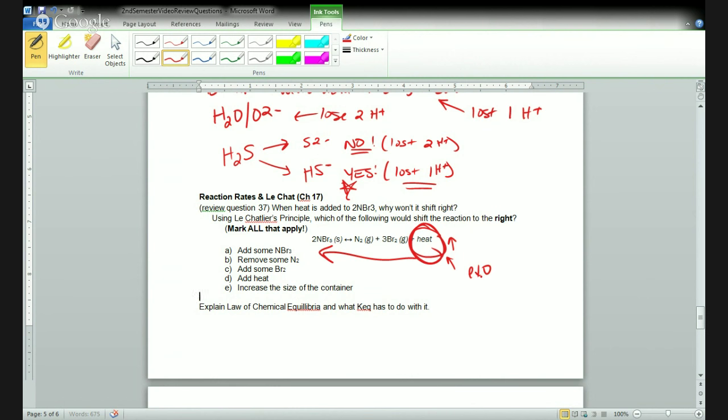So heat will only make a reaction go to the right if it's endothermic. You want to think of heat just like concentration. Because heat is a product, by heating up my reaction, I'm making the product side bigger. So my reaction has to go the opposite direction. That's why it will not shift to the right.